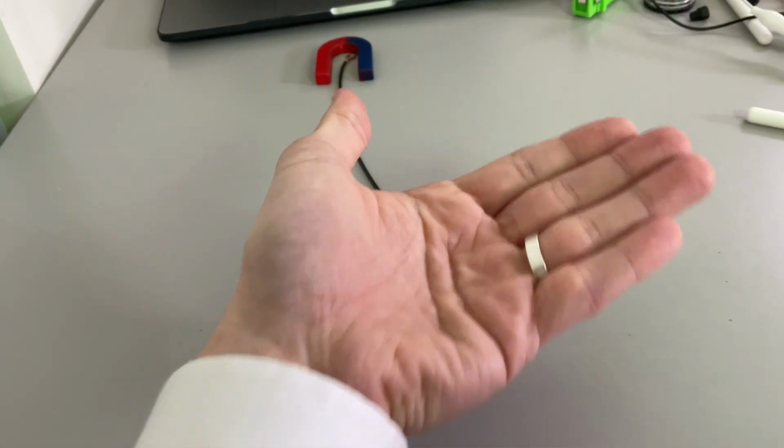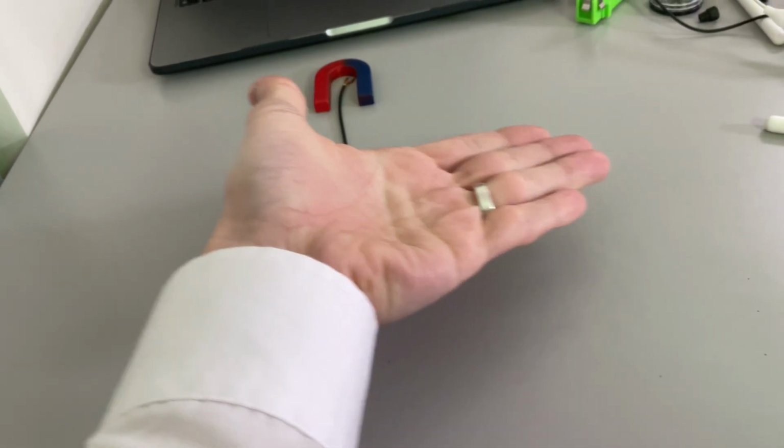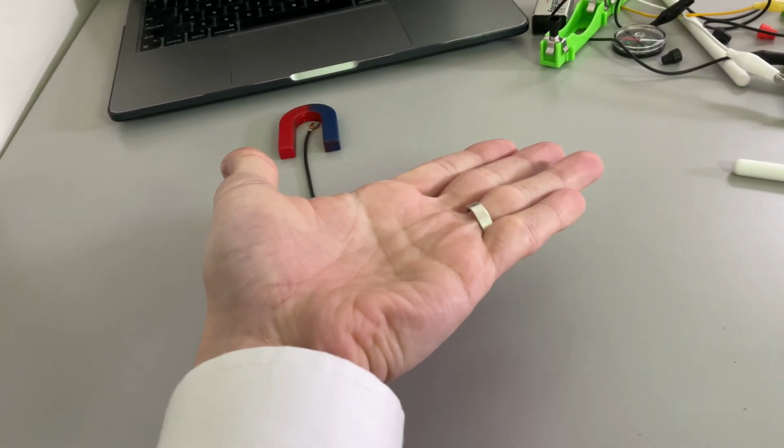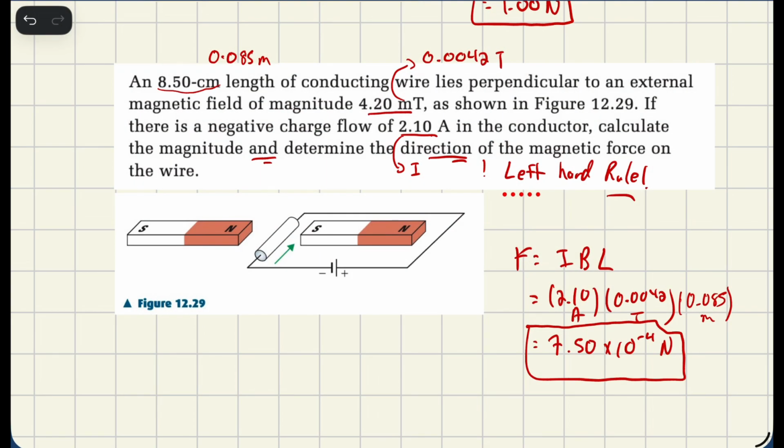So I would take my thumb, like so, point it towards here, into the page, then I would make my fingers point from the red to the blue, just like this, and then you see that the palm is facing upwards. So our magnetic force direction in the wire is going to be up. So I'll just write FM. Actually, we could just put it here as an annotation. We're just going to write upwards in terms of the direction.